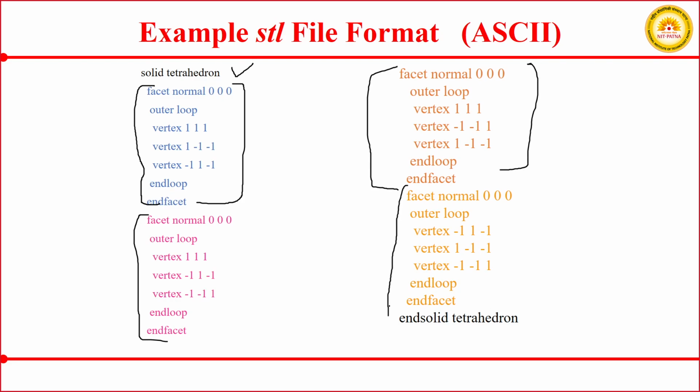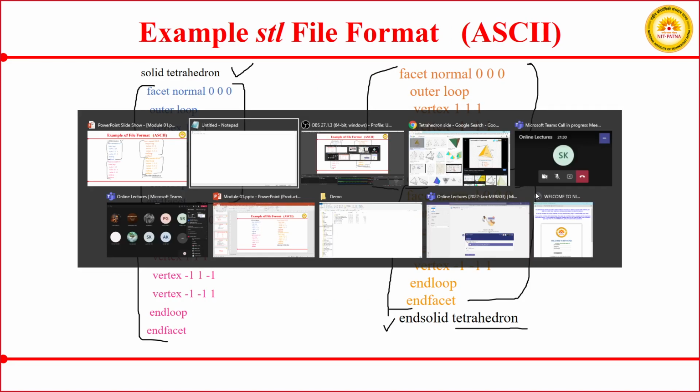After the completion of all the surfaces, you will use end solid with the solid name, tetrahedron. This is the solid name. And what you have to do is simply save this file as STL. Let me open it.